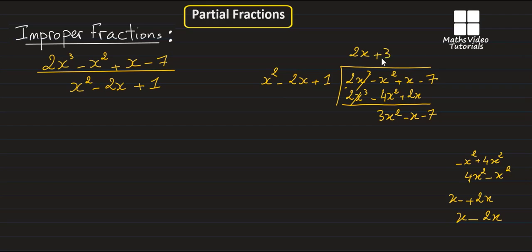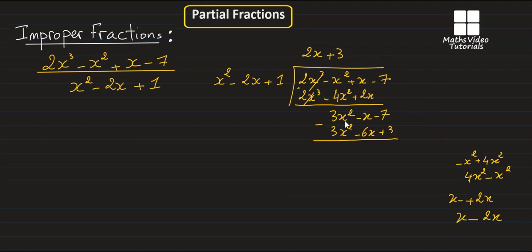That's plus 3. Now we're going to multiply 3 times x squared is 3x squared. 3 times negative 2x, that's minus or negative 6x. And then 3 times 1, which is plus 3. And then same thing, we subtract 3x squared minus 3x squared. That makes the x squared disappear.